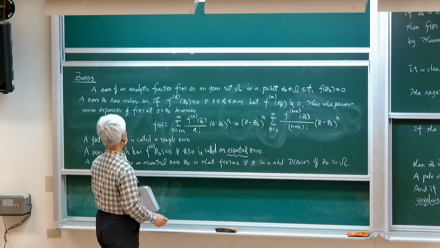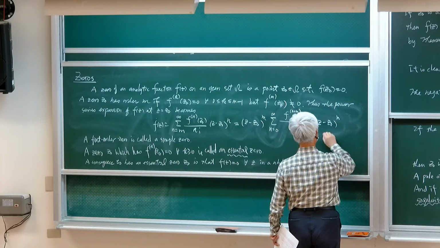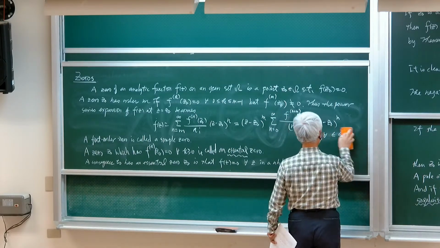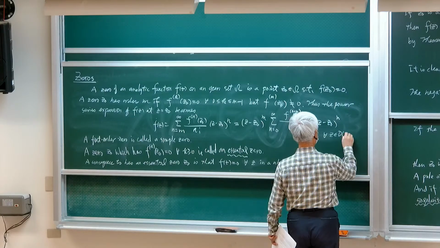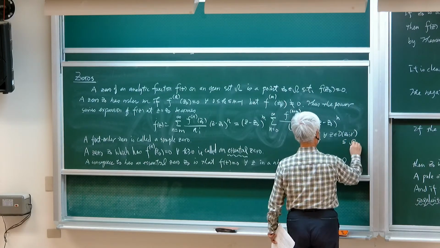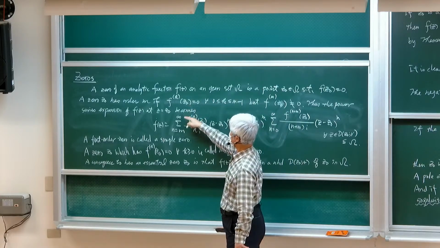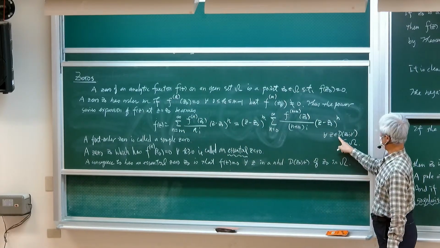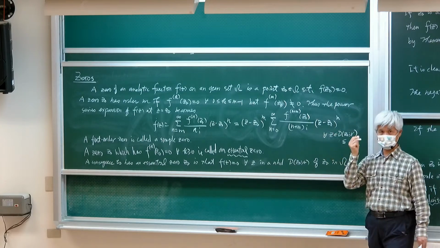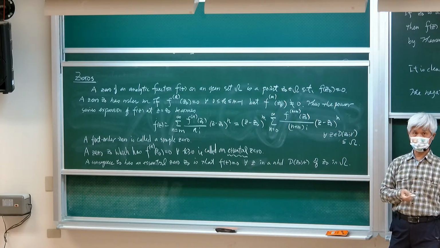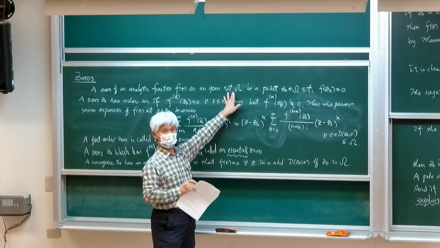This power series expansion is good in a neighborhood contained in omega, as we know in chapter 14, because f of z is analytic on an open set.